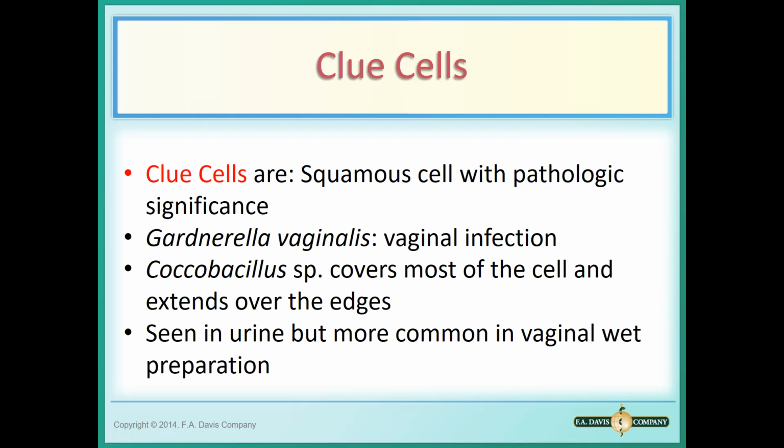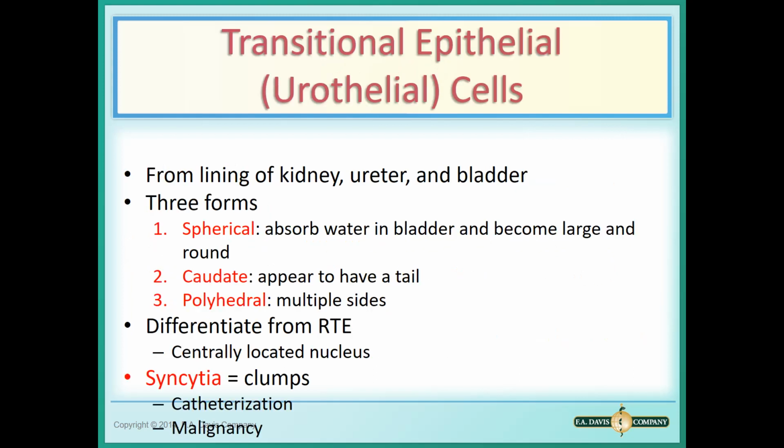The coccobacilli cover most of the cell and even extend a little bit beyond the cell. Lots and lots of bacteria on there, giving a layered effect with the squamous and the bacteria on it. So make note if you see that.